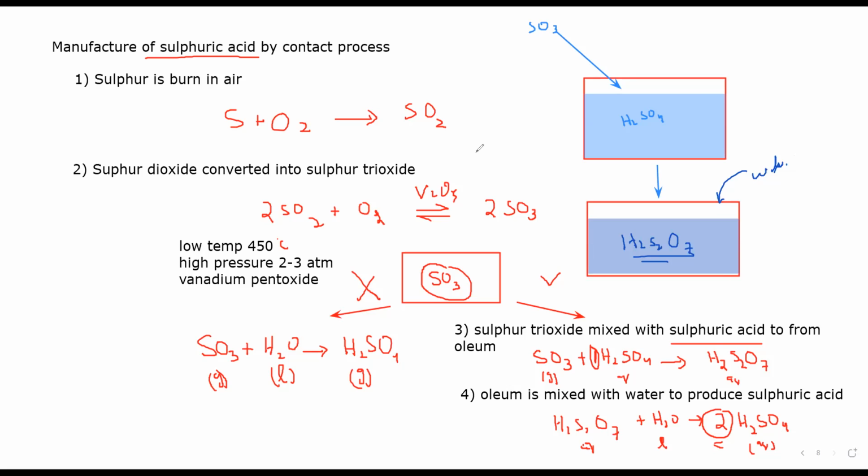Sulfur dioxide will form sulfurous acid, not sulfuric acid. For example, sulfur dioxide mixed with water will form H2SO3. So H2SO3 is known as sulfurous acid.